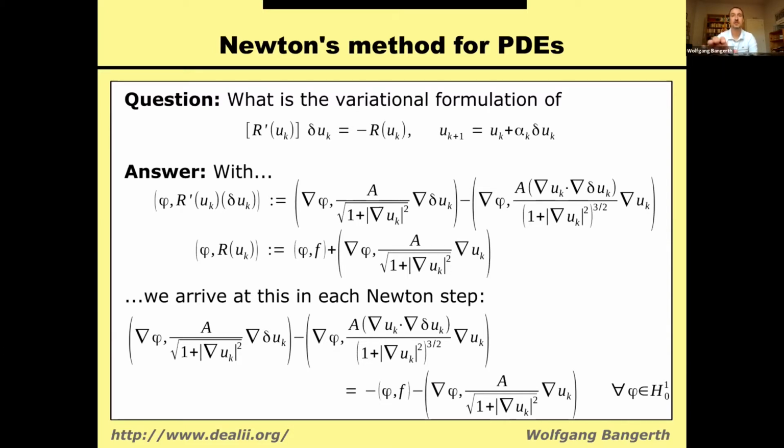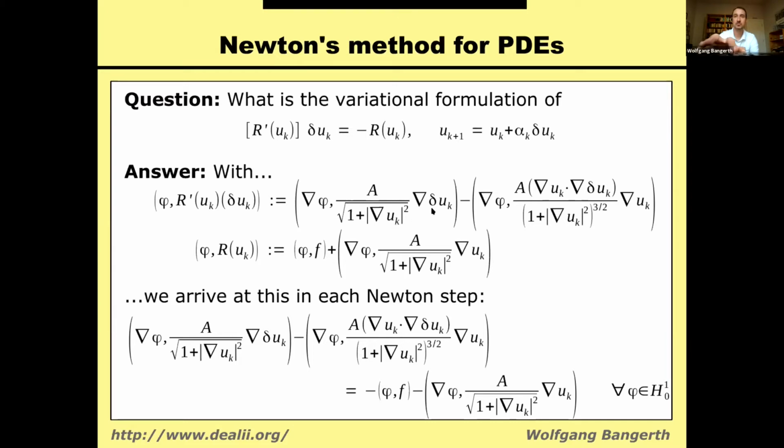The variational formulation that you can find in step 15 already looks like this. It's not so trivial. The derivative of the residual, which we call the Jacobian, is this sort of matrix here, or this operator. That's a test function. That's the update, the delta that we compute in each step. And then it involves the old solution u_k in here.